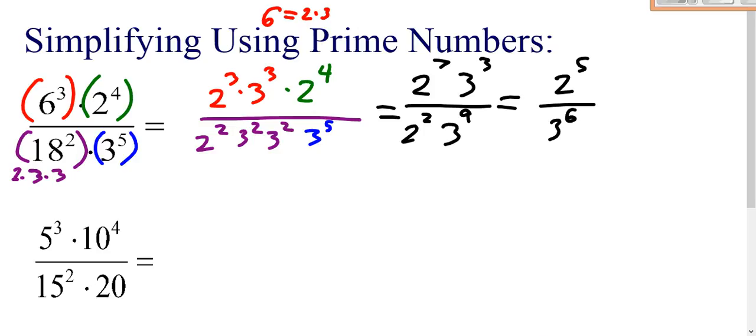So those are just numbers with exponents. 2 to the 5th is 32. And then 3 to the 6th, that's kind of big, 729.